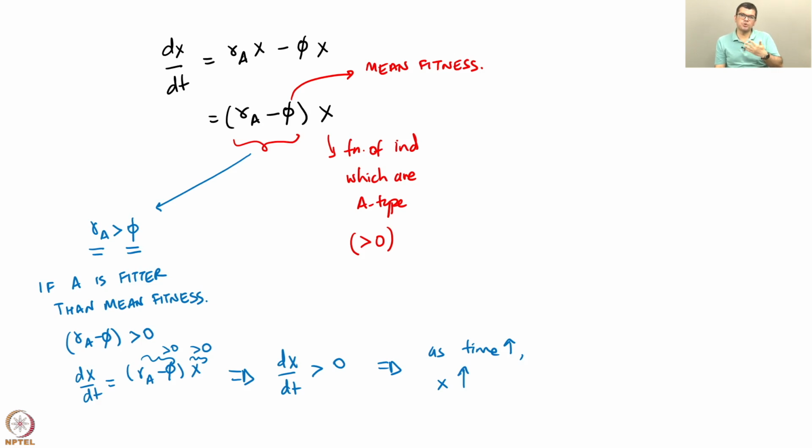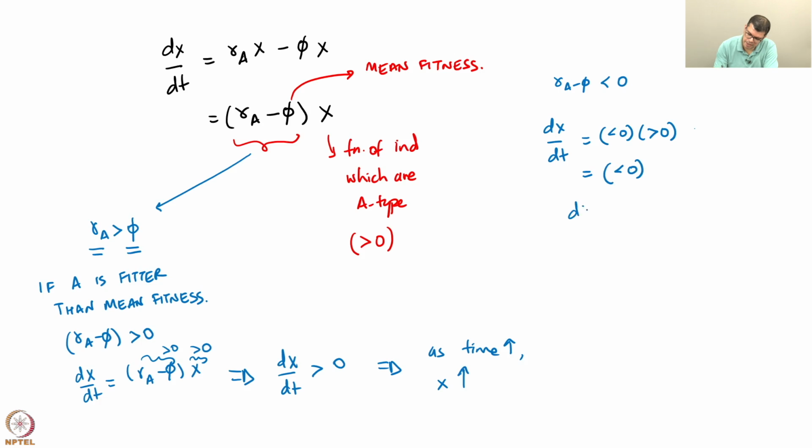Hence, they will continue to increase in their frequency till the point RA minus phi becomes less than 0. If RA minus phi is less than 0, then we have dx by dt equal to a number which is less than 0 times x, which is a number greater than 0. A negative number into a positive number is a number which is less than 0.